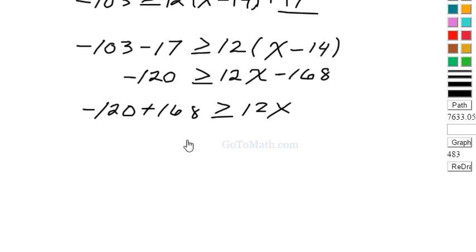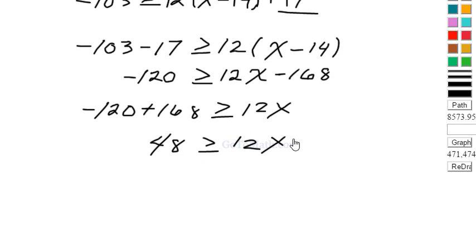I don't know what I said. Negative 120 plus 168 is 48. Yeah. Should have known that. Greater than or equal to 12x.